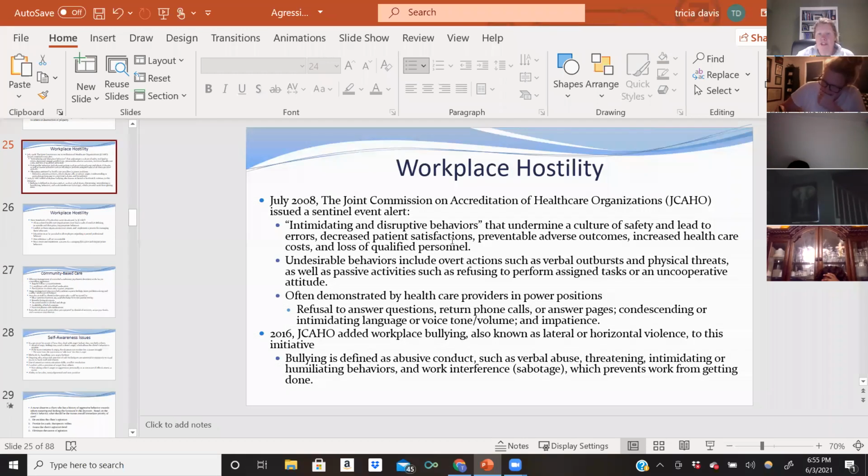Included in those disruptive behaviors would be verbal outbursts, physical threats, as well as passive activities, such as refusing to perform an assigned task or doing things with an uncooperative attitude. We see these issues often demonstrated by healthcare providers that are in powerful positions.